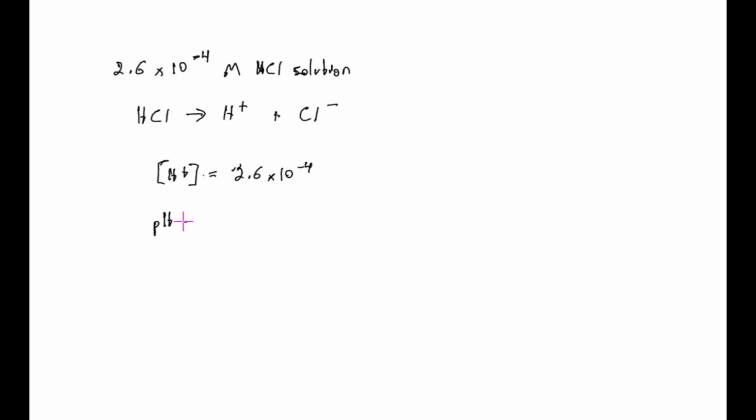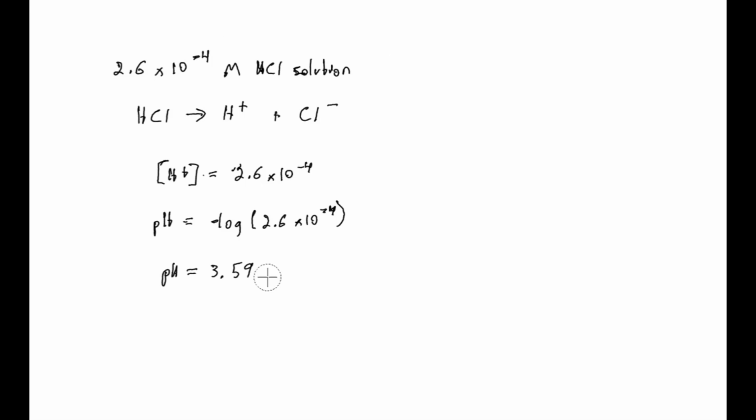So the pH of the solution will be equal to the negative log of 2.6 times 10 to the negative 4. We can plug that into the calculator. When I do that, I get a pH equal to 3.59. Okay, so far so good.